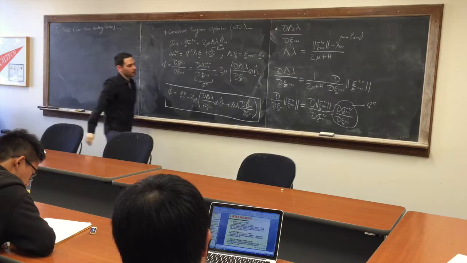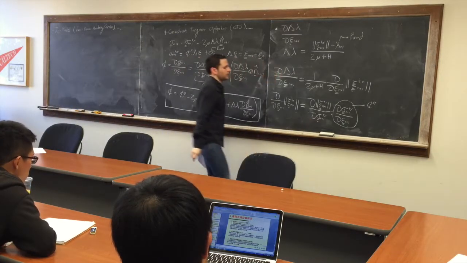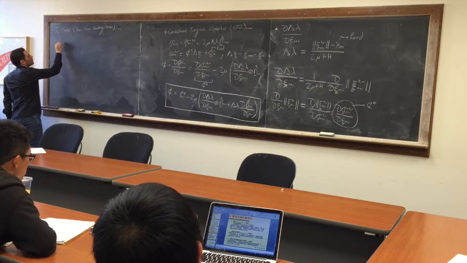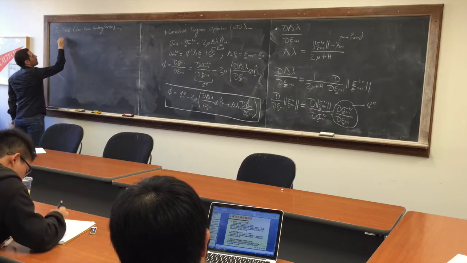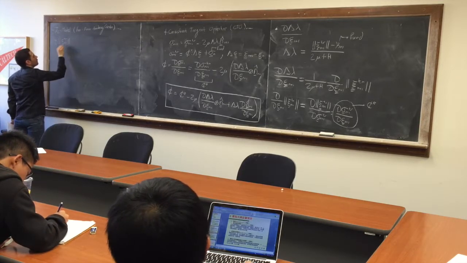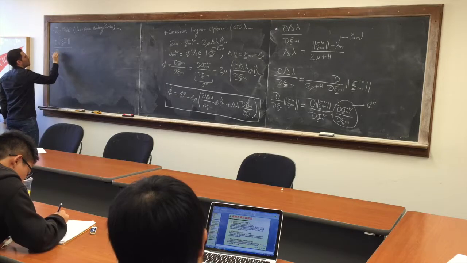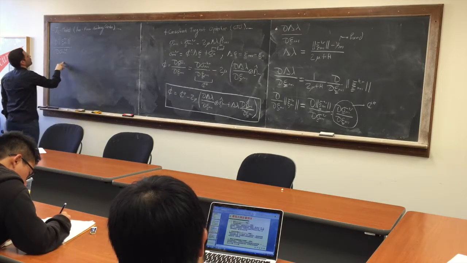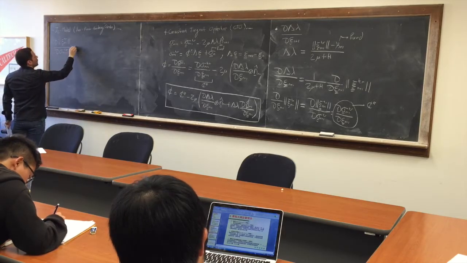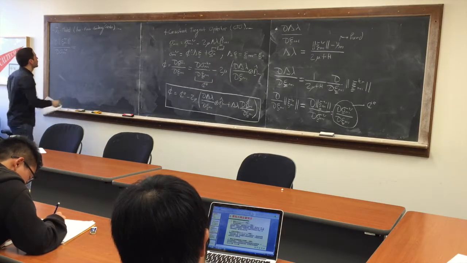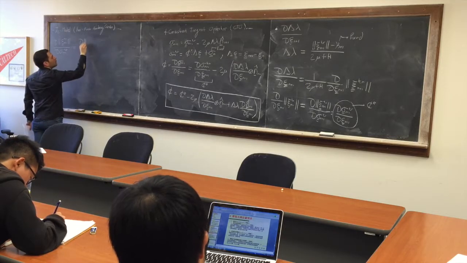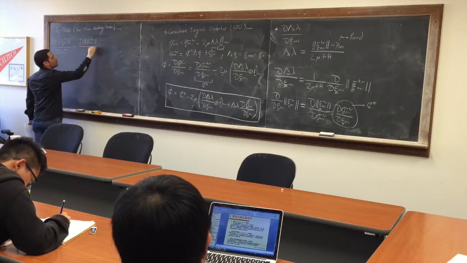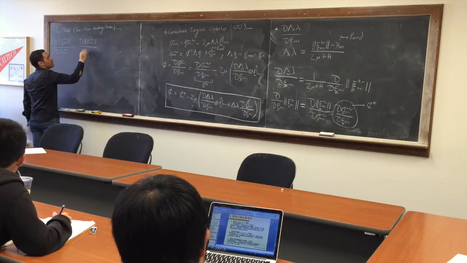And we are left to compute this permutation. And we can use the chain rule once again and do this guy with respect to the sigma itself.